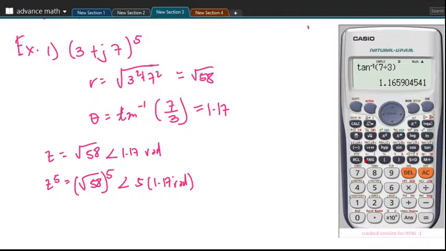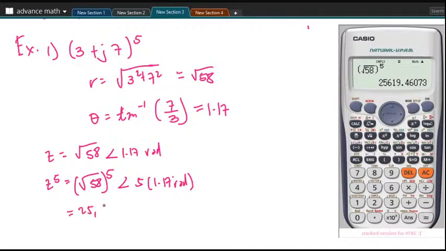Square root of 58 raised to the power of 5 is equal to 25,619.46.